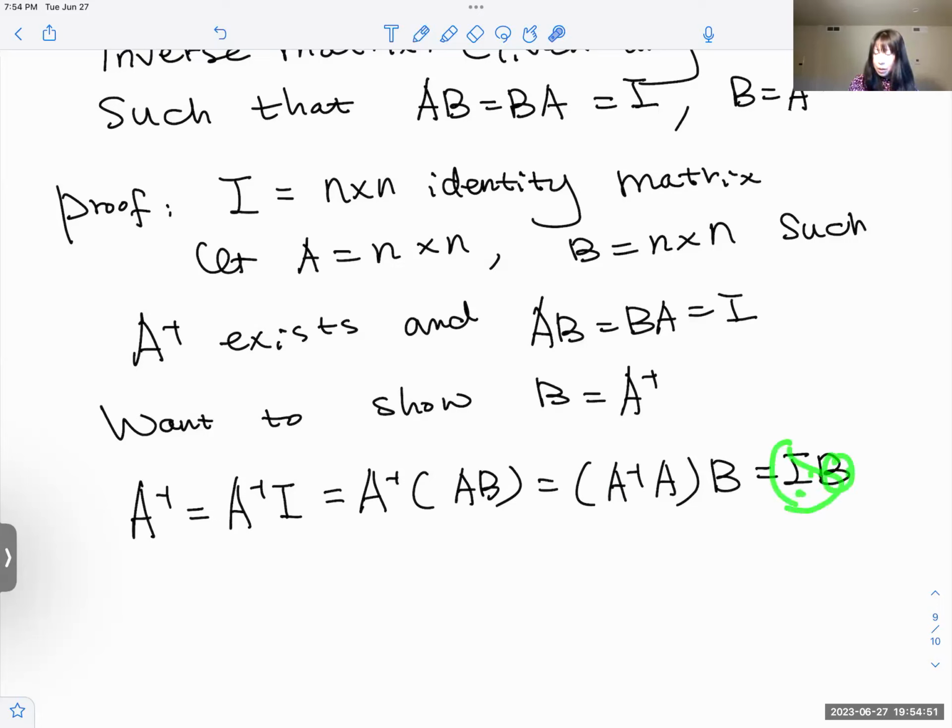Identity times B we can express as B, right? Anything times the identity, we get the matrix back, so we get B.